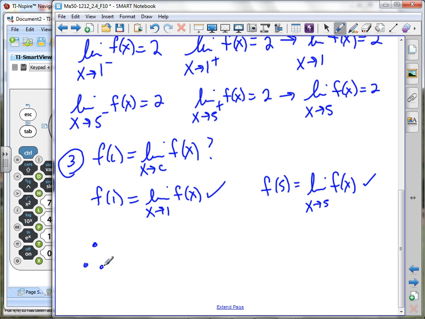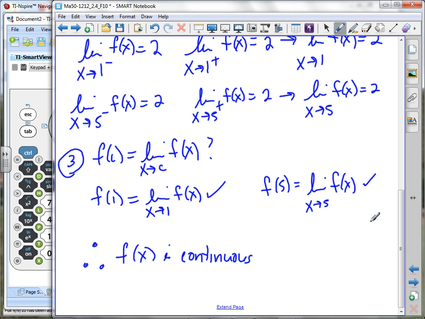I almost forgot where I was doing. Therefore, f of x is continuous where? The only places it could possibly break down are at the joints. Did it break down? Is cosecant continuous between 1 and 5?